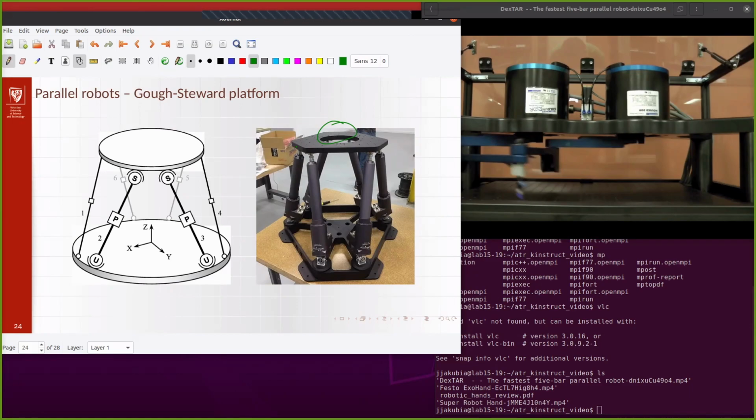The precision of this rotation that is given by the parallel mechanism, and the forces that it can transmit, is used in that application, where we need to very precisely move very heavy objects.